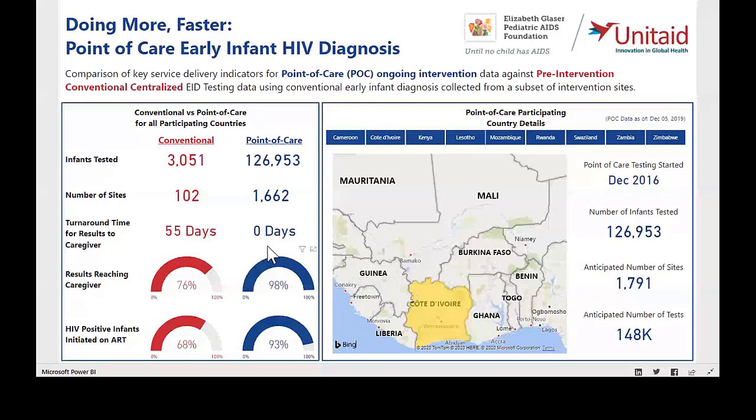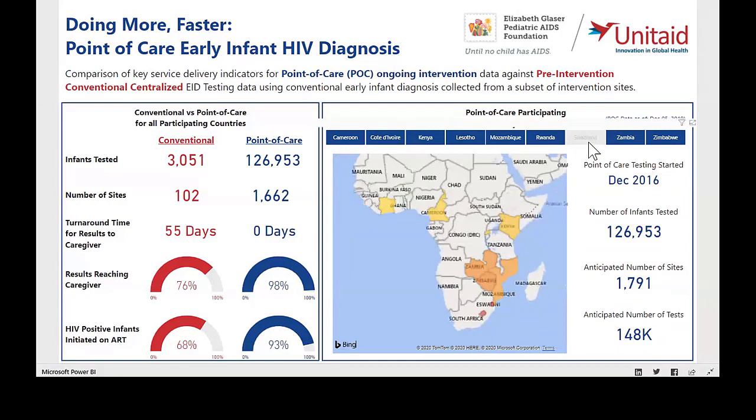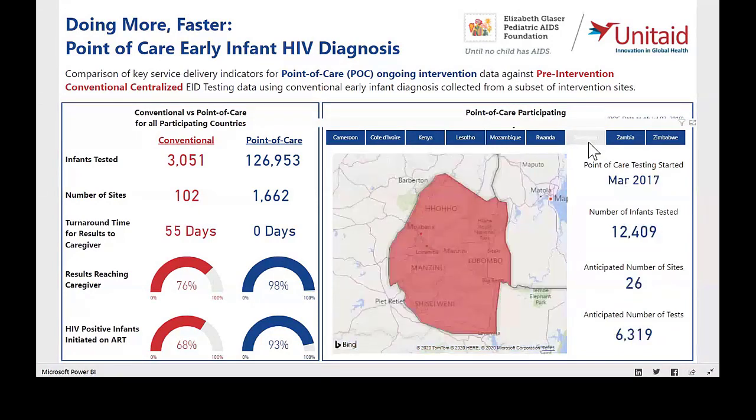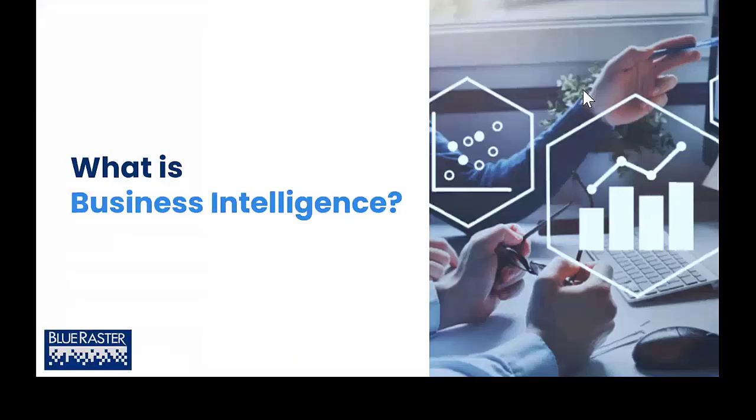So it was really easy for us to take that donor request, and we took our internal dashboard that we were using for enhanced monitoring of the project, and we pared it down a little bit and posted it to the website. So this is just one example of how you can use Power BI to monitor your impact and make it public facing so that yourself and your donors and whoever needs to see this report can look at it.